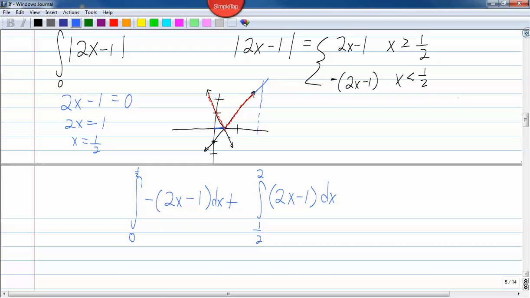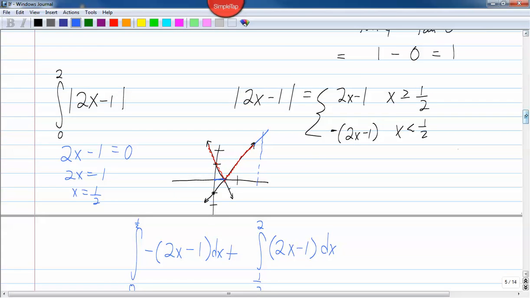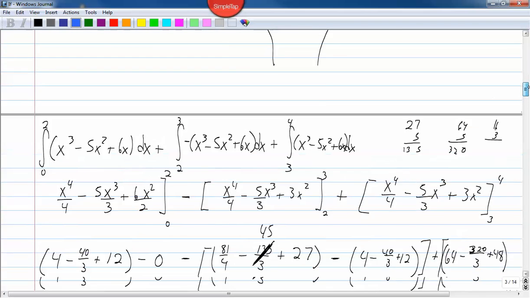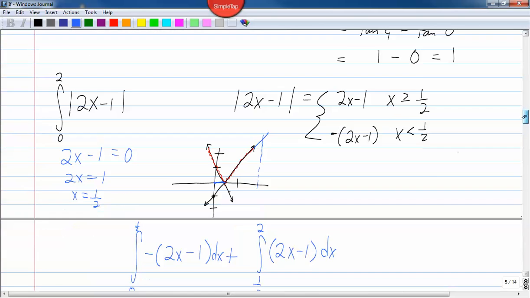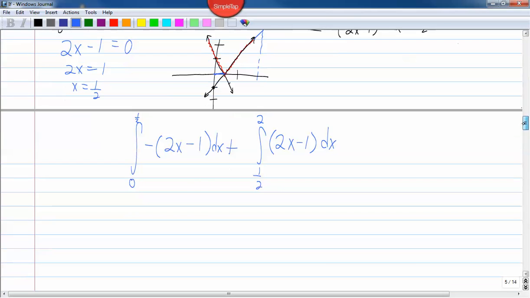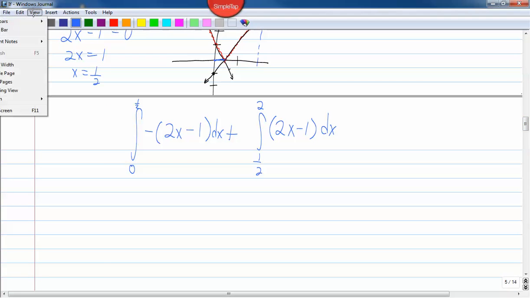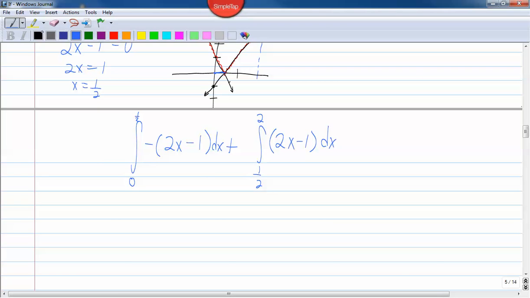What did we have to do in this other crazy one with the cubic? The places where it touched, remember, we had to factor, and then we could figure out at 0, 3, and 2. This one wasn't quite that complicated. Alright, so let's finish this one up.